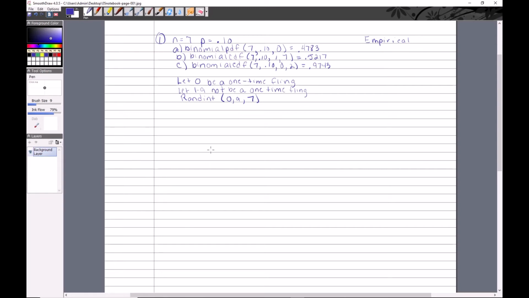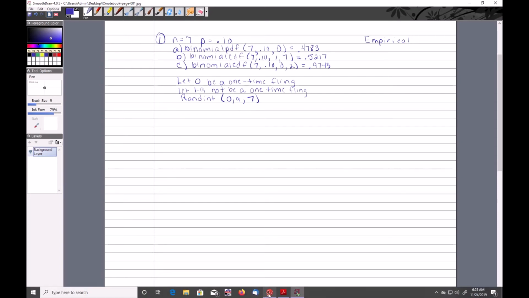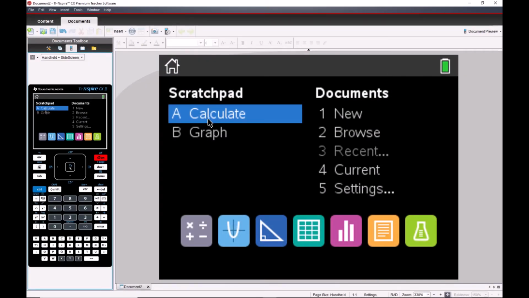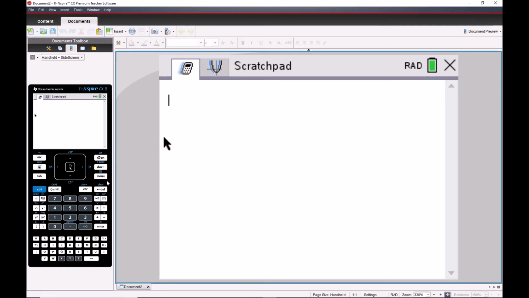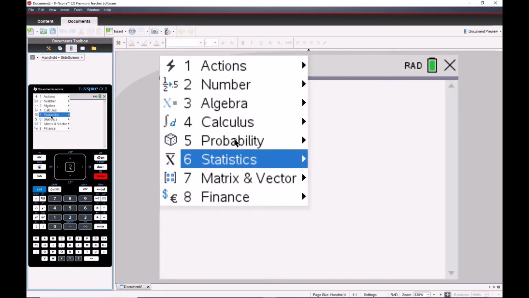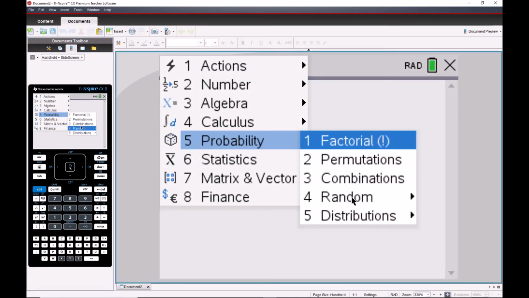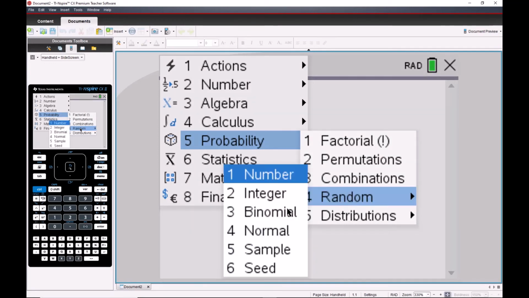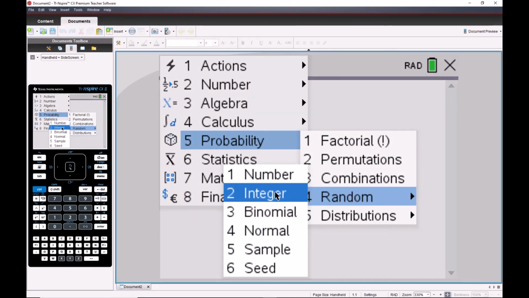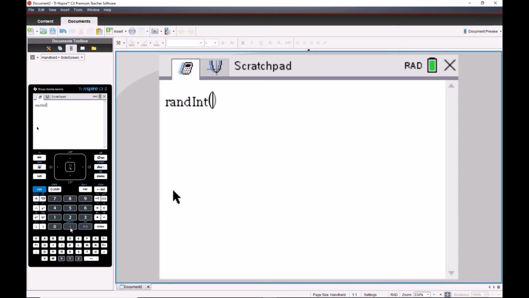When you go into your calculator, let's get that up here, and we can just use a calculate page. All right, so menu, probability, random, integer. All right, there is a random binomial, but I could not get that to work. Random integer is pretty easy. All right, so we want 0, comma, 9, comma, 7 of them.